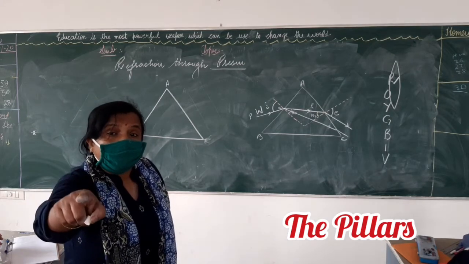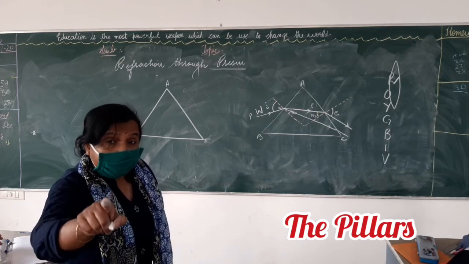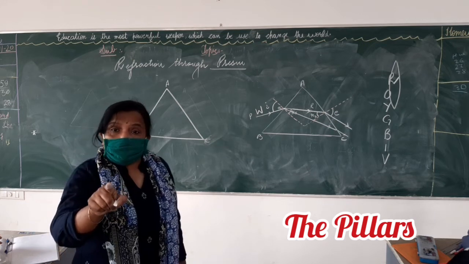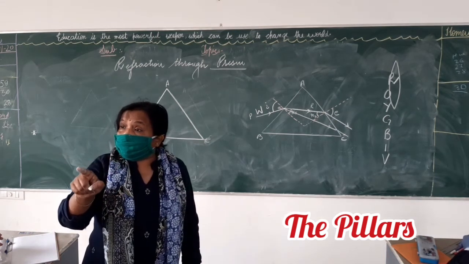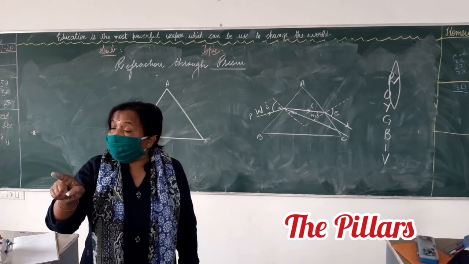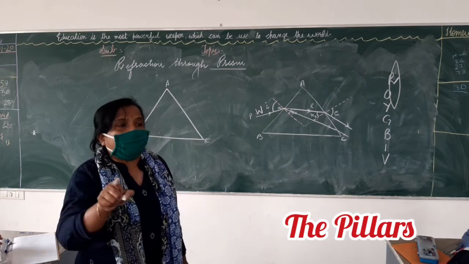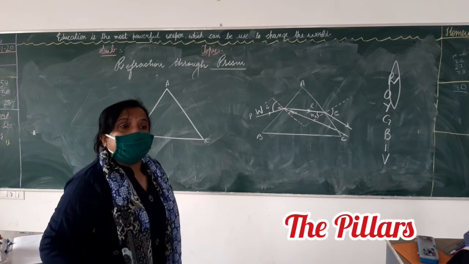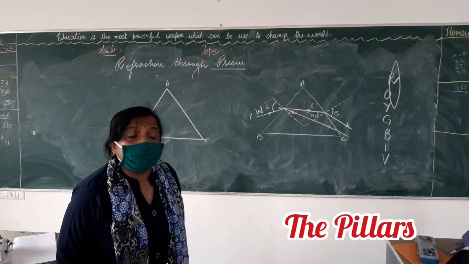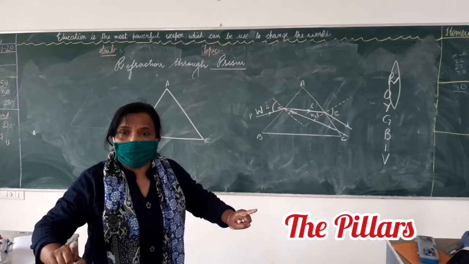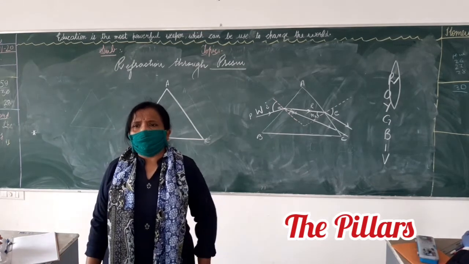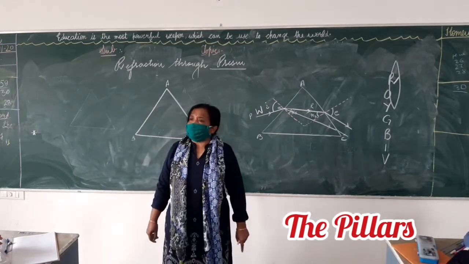What is dispersion of light? When white light is incident on a prism, it splits into its 7 components or colors. This phenomenon of light is called dispersion of light. What is the reason for this dispersion?